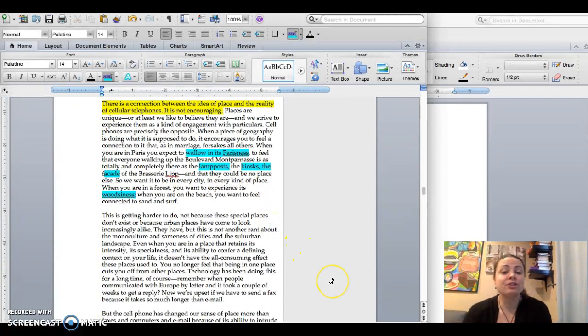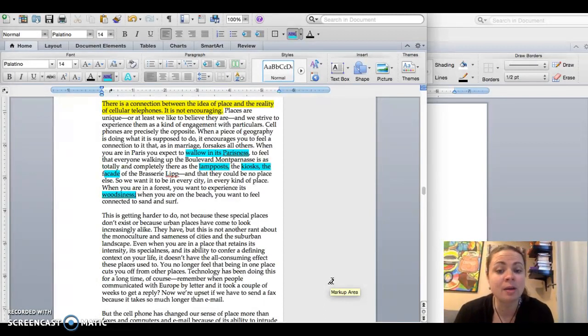This is getting harder to do, not because these special places don't exist, or because urban places have come to look increasingly alike. They have, but this is not another rant about the monoculture and sameness of cities and the suburban landscape. Even when you are in a place that retains its intensity, its specialness, and its ability to confer a defining context on your life, it doesn't have the all-consuming effect that these places used to.